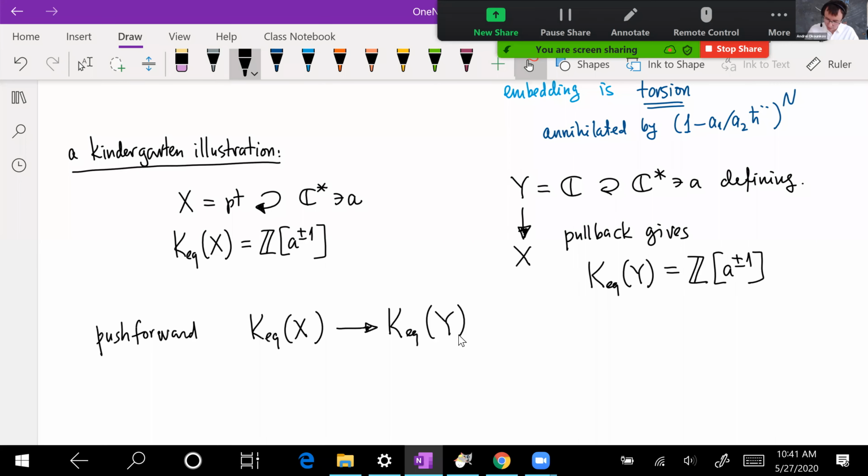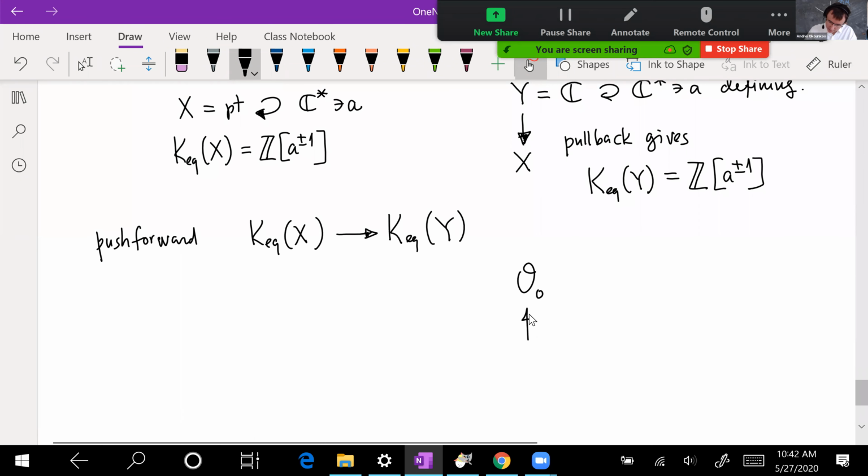Its image is generated by the structure sheaf of the origin, that's the prototypical torsion sheaf. It's something which is annihilated by X, right? So that's my structure sheaf of the origin. This is where my generator for equivariant K-theory of X goes.